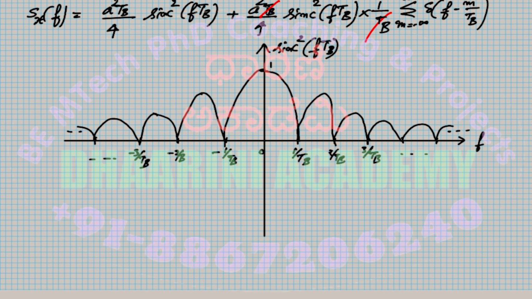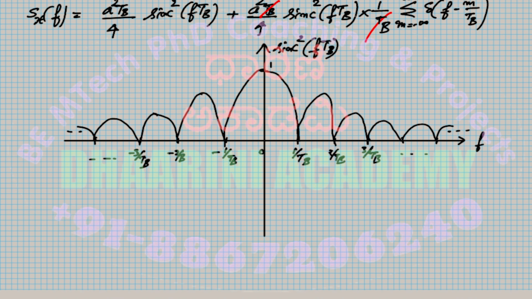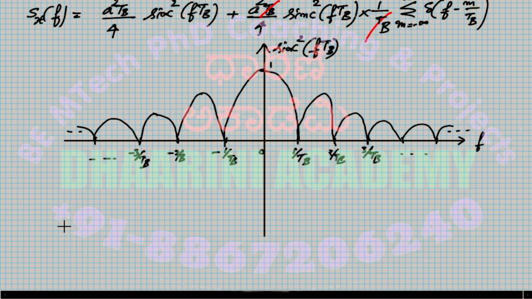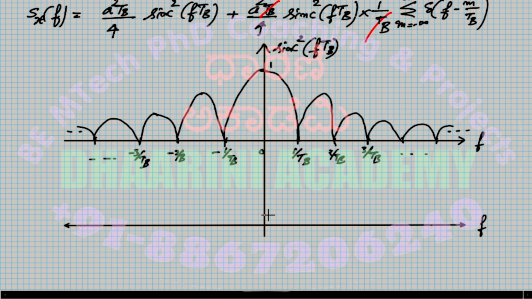I don't have to struggle at all. Let me try to draw. So this is what I need to plot now. This is still on the f-axis, but I will write the function that I'm plotting with a different color.